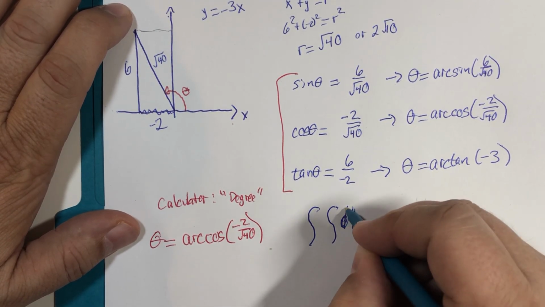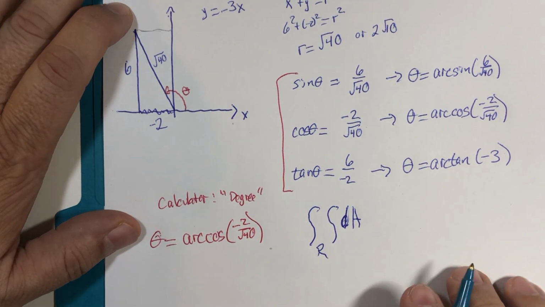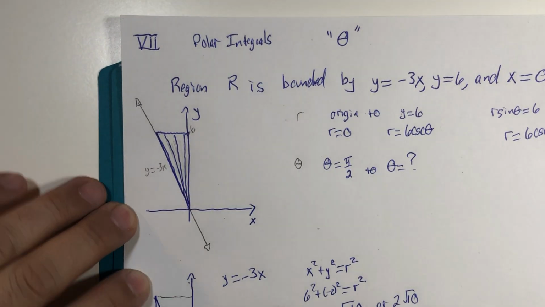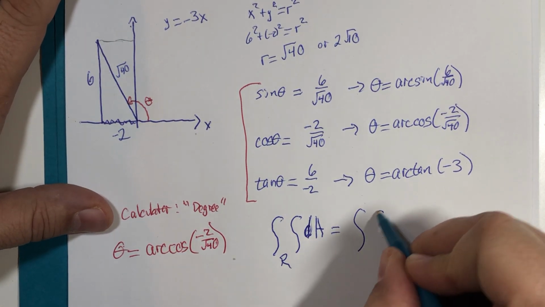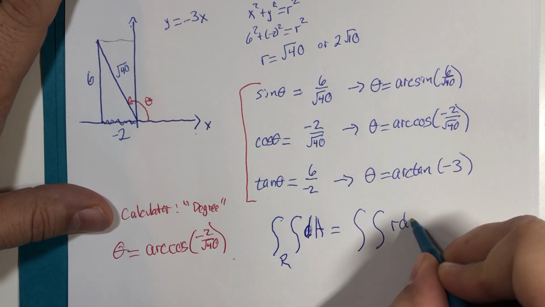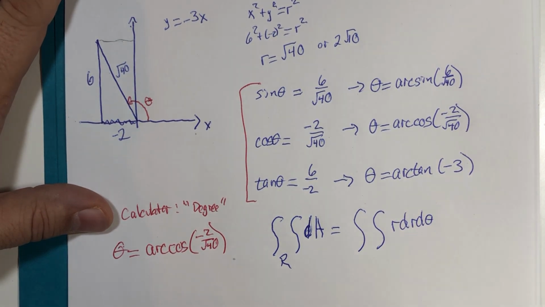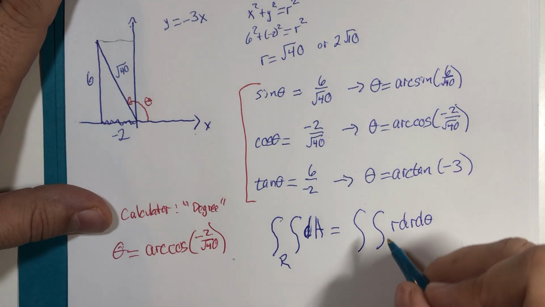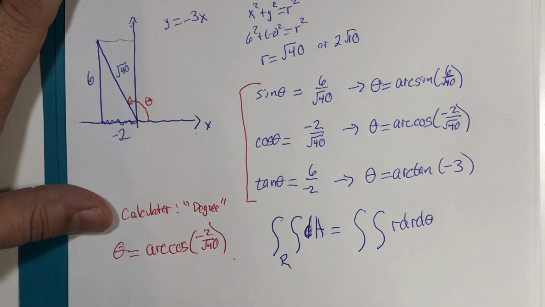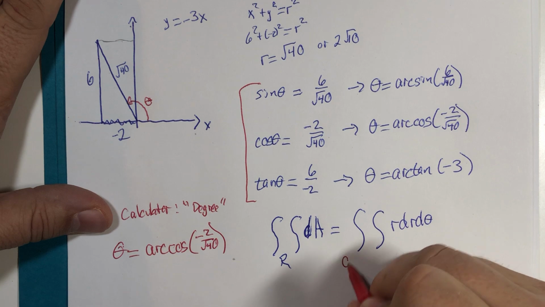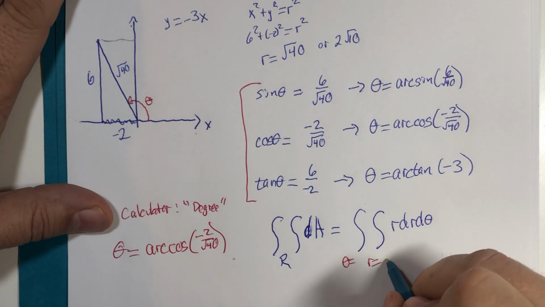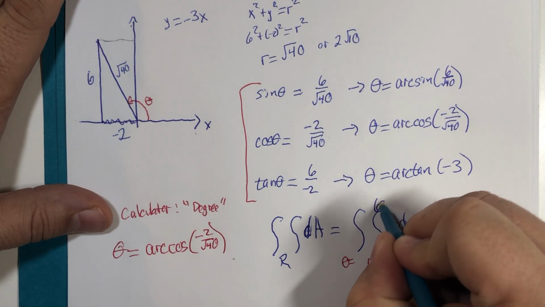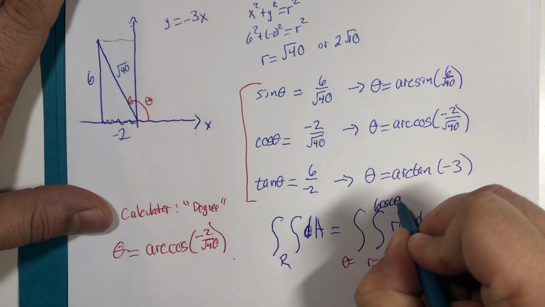So when I go to my polar integral, if I'm just interested in looking at the area of that region here, r dr d theta, r went from, you have to go back to the beginning, 0 to 6 cosecant of theta.